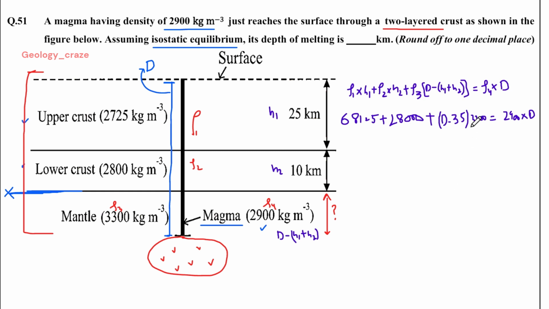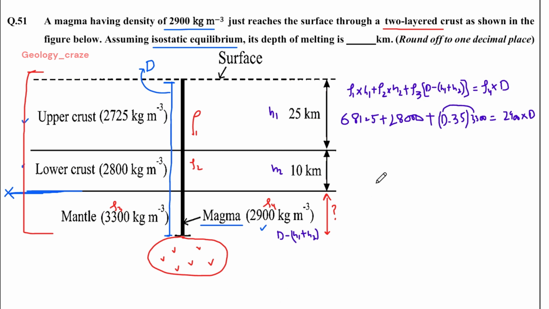So now we multiply this number with this. How much will it come? And now we will add these two numbers. After adding these two numbers, how much do we get?